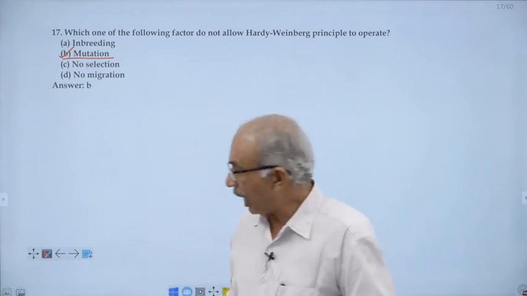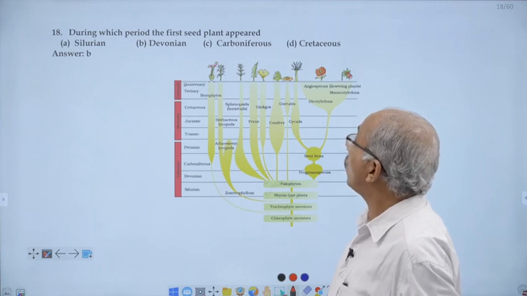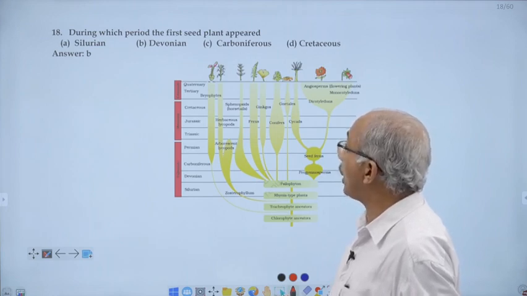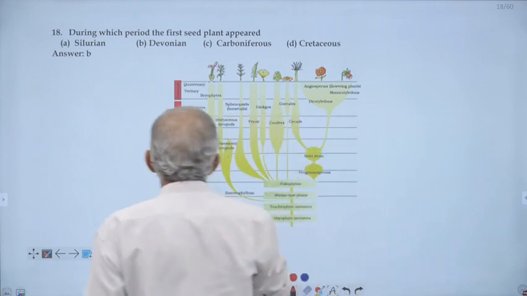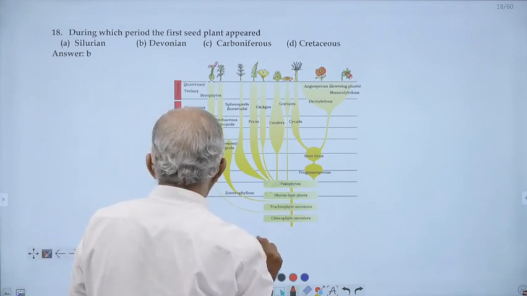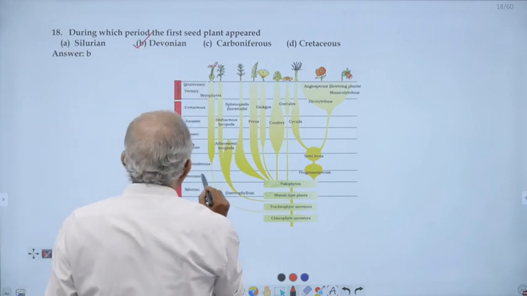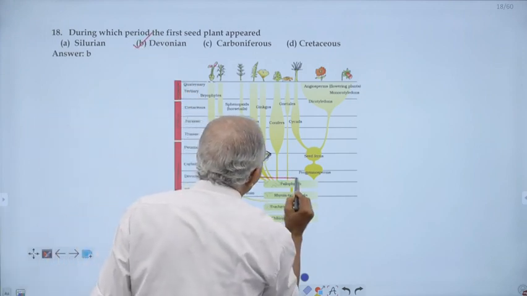Then next, 18. During which period did the first seed plants evolve? It is somewhere in the Devonian period.